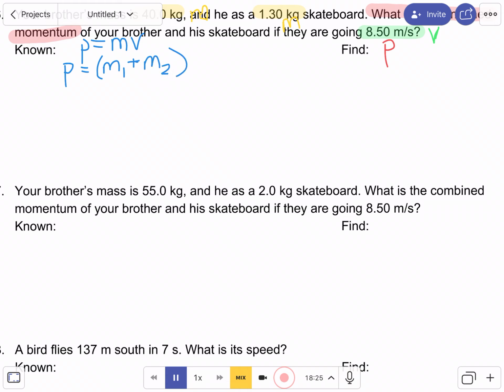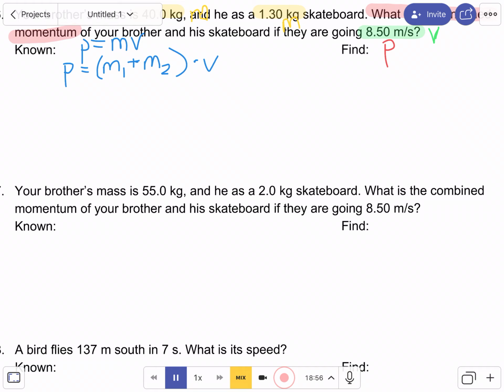So combine them, we just add them together, times the velocity. So mass 1 and mass 2 are in parentheses and then multiplied by the velocity because they're both moving at the same speed. If we were trying to find the combined momentum of two things traveling at two velocities, we'll try that later on. We're going to have to do more work. But here we can combine the masses right here.